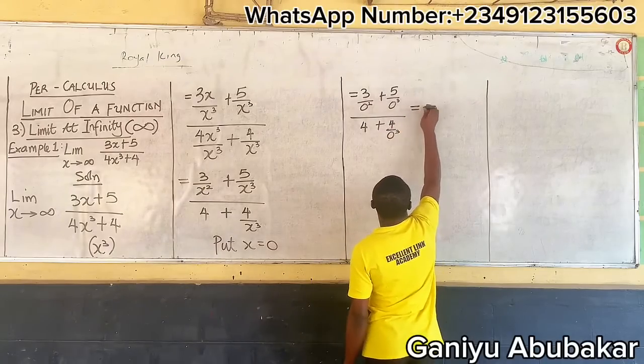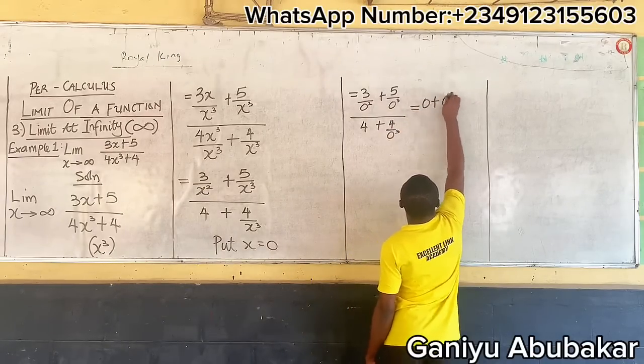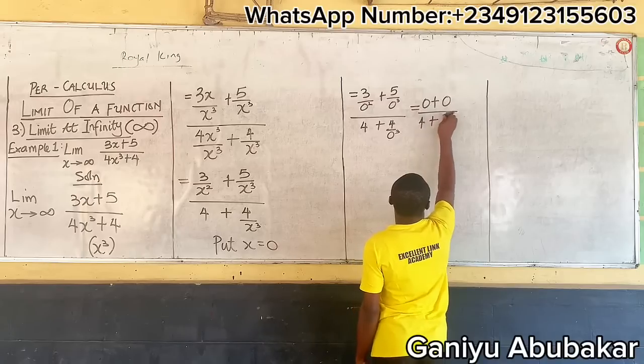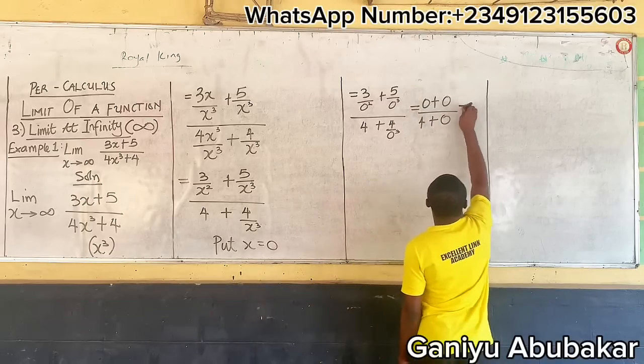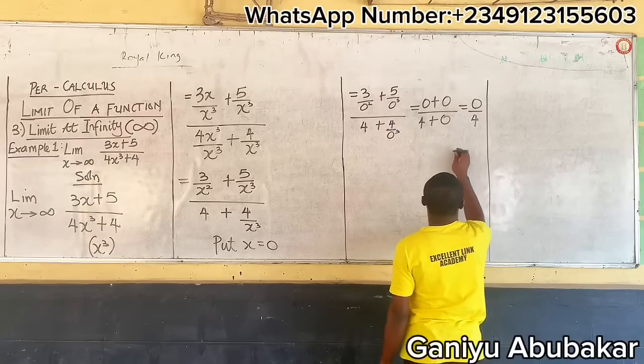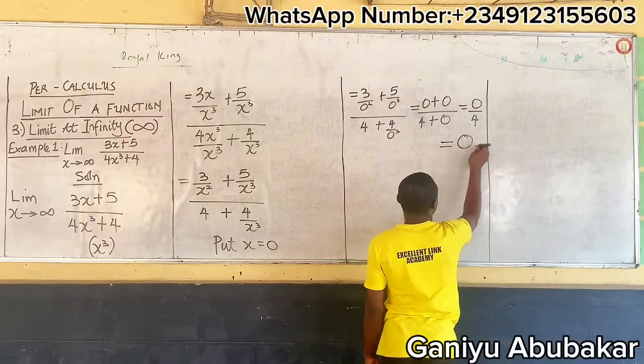By the way, I shall have 0 plus 0 all over 4 plus 0. From here, I'll have 0 over 4. This is now equal to 0.